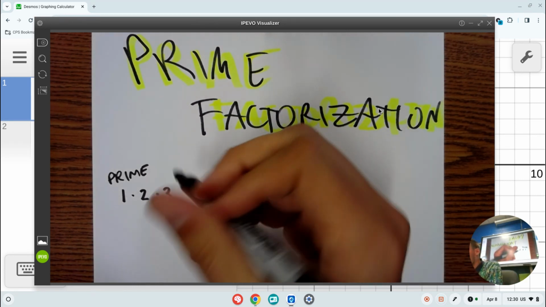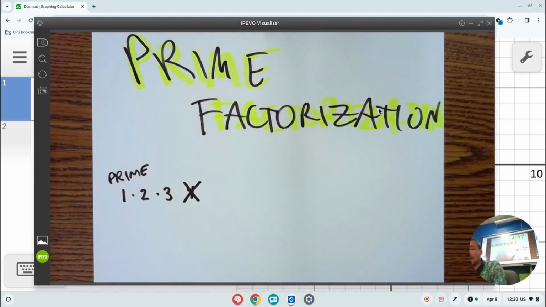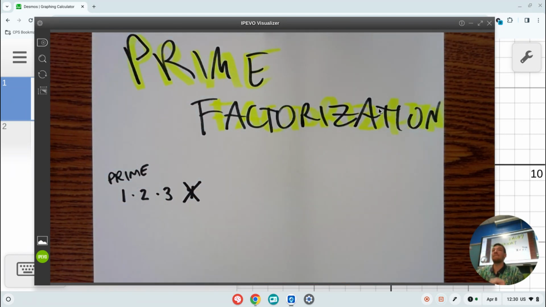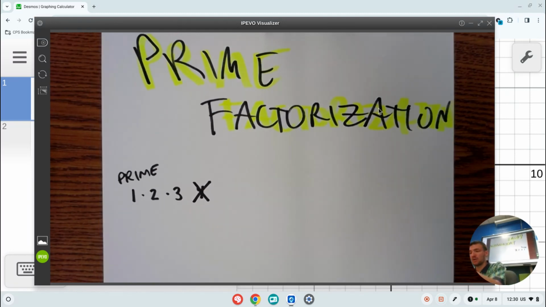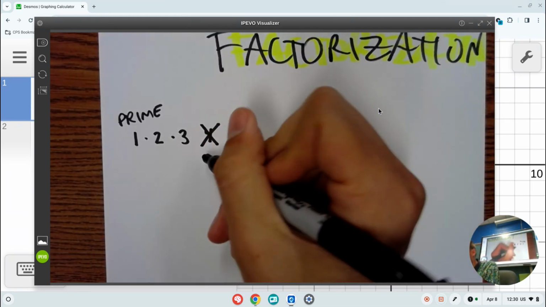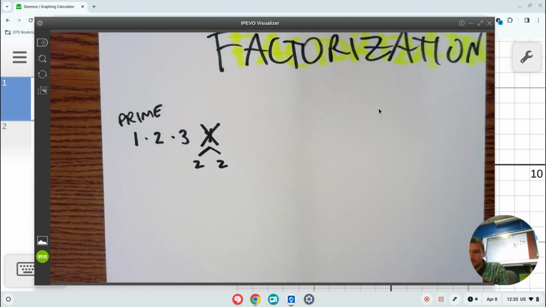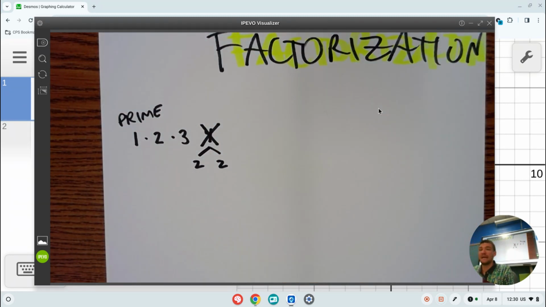The number 4 is not a prime number because you can divide 4 by 2, right? And so 4 is not a prime number. 4 is a number that you can build with other numbers. You could say that 4 is 2 times 2. And so that's what makes 4 not a prime number.